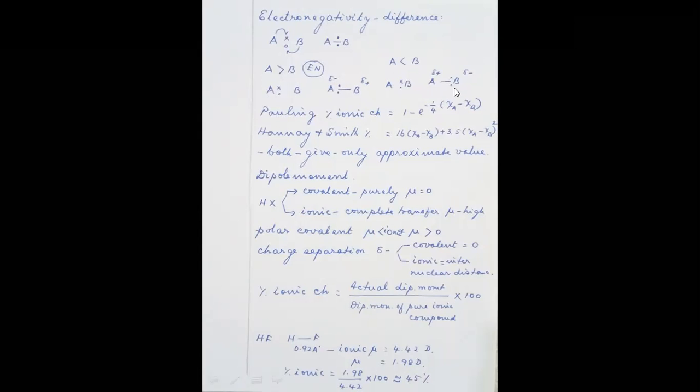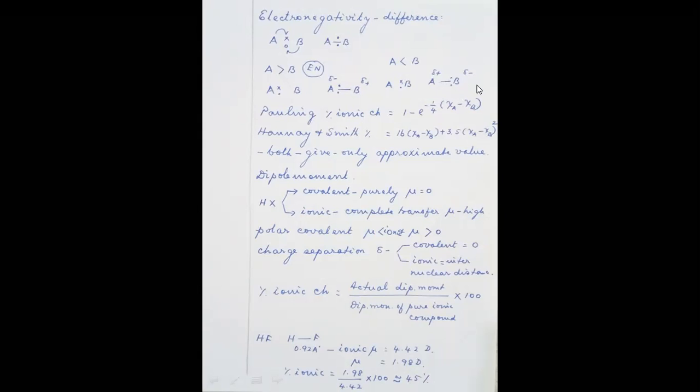If the difference is more, then the shifting of the electron cloud will also be more. If the difference is less, then the shifting of the electron cloud will also be less. If the difference is nil, there is no shifting at all. The electrons are found at the center.